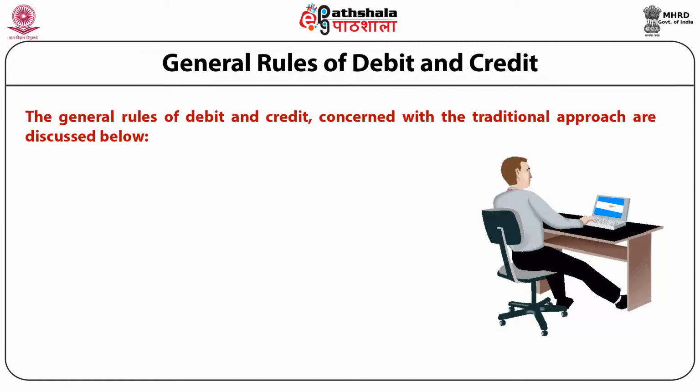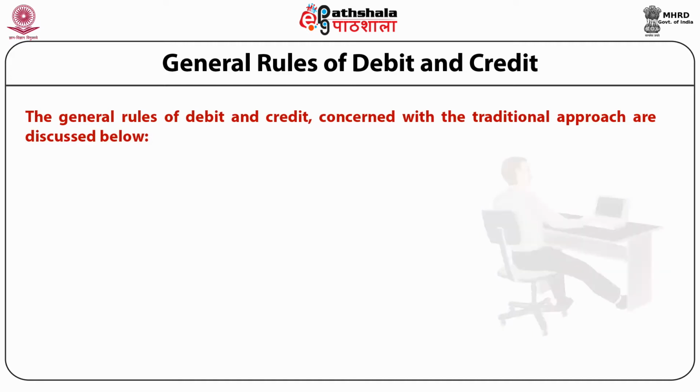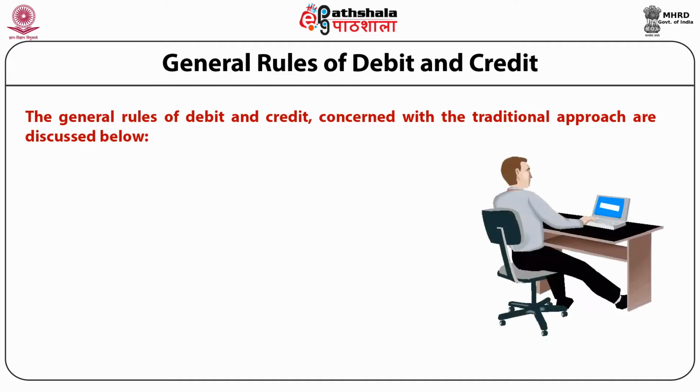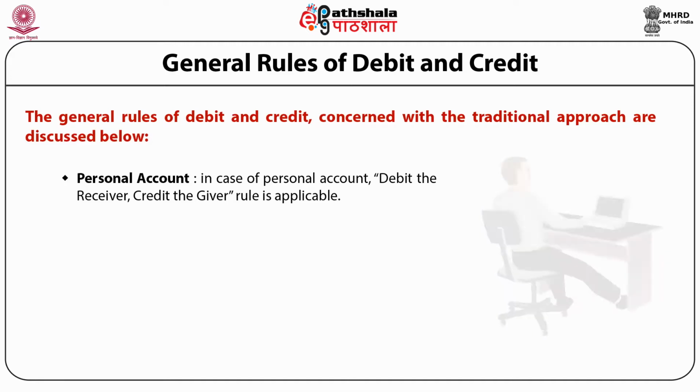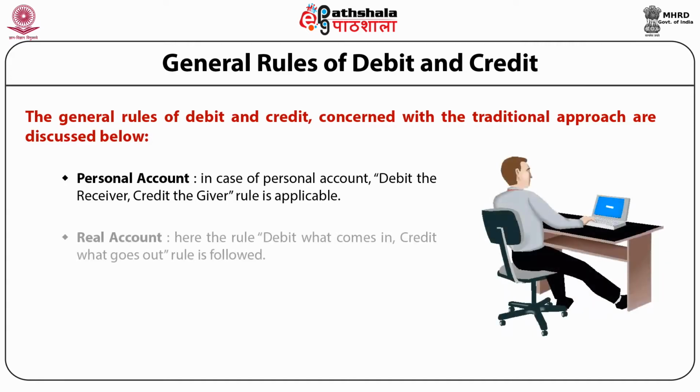The general rules of debit and credit concerned with the traditional approach are discussed now. Personal account: debit the receiver, credit the giver. Real account: debit what comes in, credit what goes out.